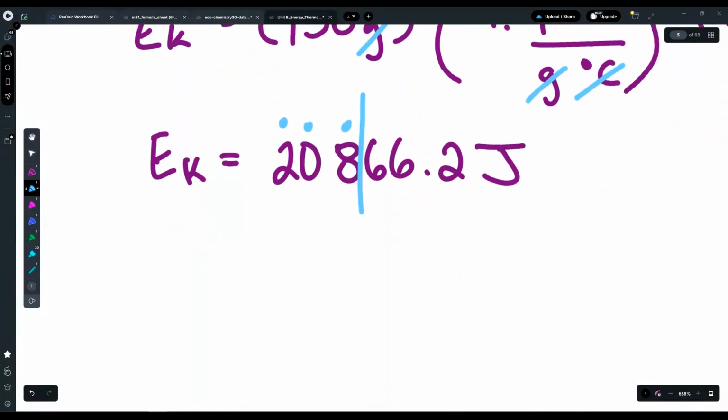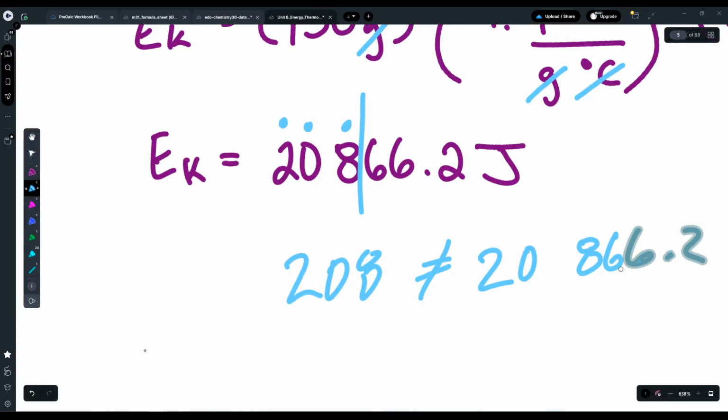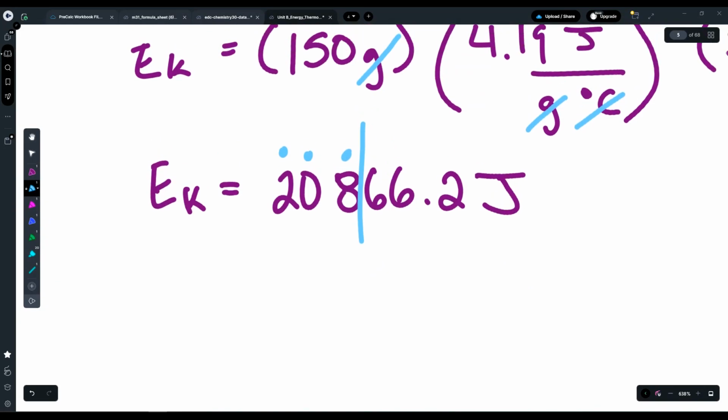So once again, how I know that I need to convert this into scientific notation is because 208 is not the same as my value. It's nowhere even close to that 20,866. Another way that you could know that you need to use scientific notation, if your cutoff line comes ahead of the decimal, you need scientific notation.